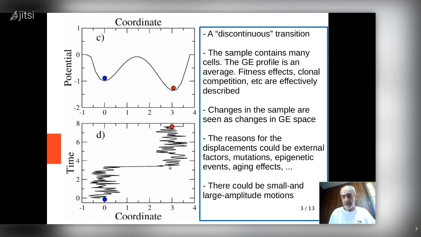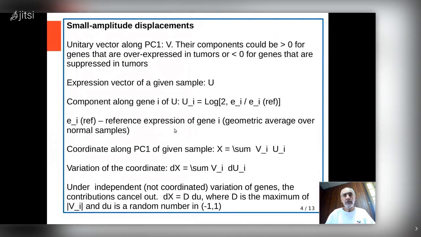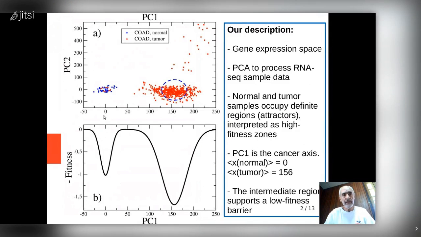But then first we should check that only small random motion cannot lead to a macrostate, a crypt, for example, in colon, to move from this region to this region. Then for this, we should write a kind of Brownian model, and the model starts from the position of a crypt, of a microstate along this first axis.